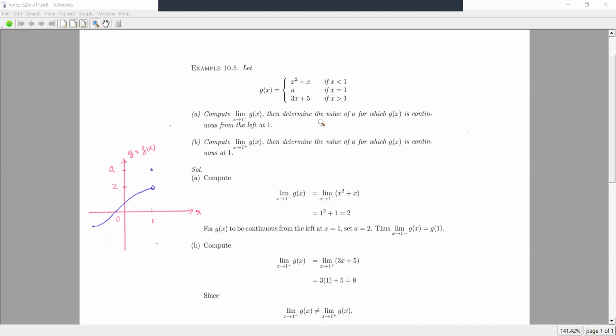Then determine the value of A for which the function is continuous from the left side at 1. B. Compute the right-hand side limit at 1, then determine the value of A for which the function is continuous at 1.